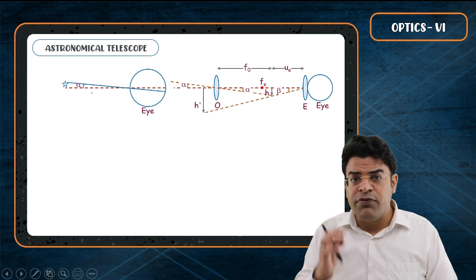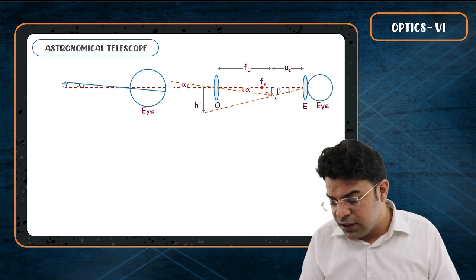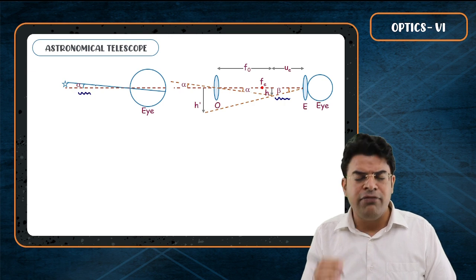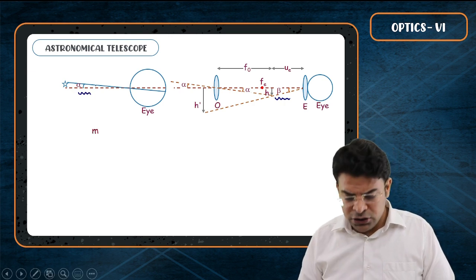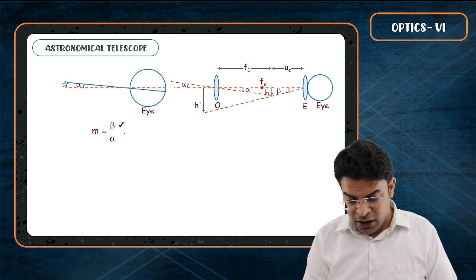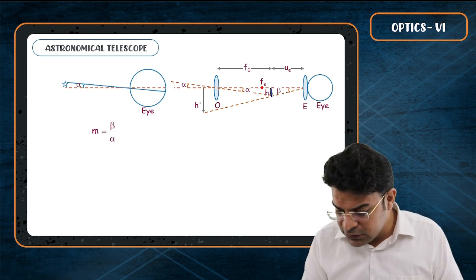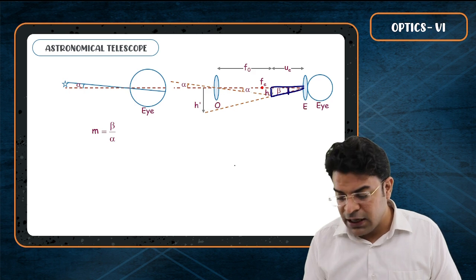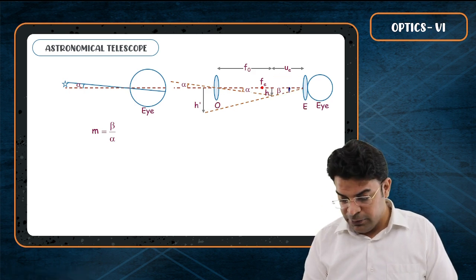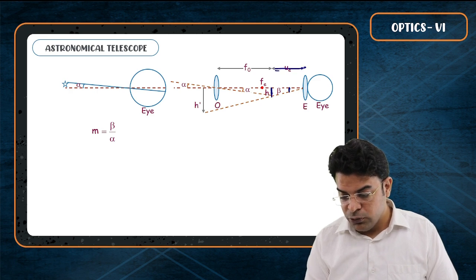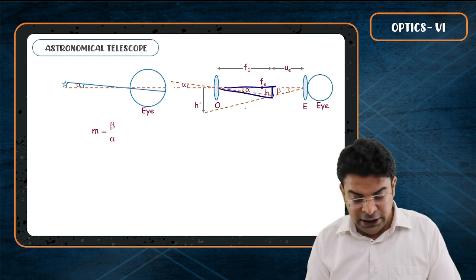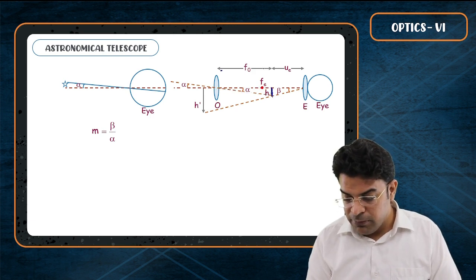We know that magnification is nothing but the angle subtended on the eye with the aid of the instrument upon the angle subtended on the eye without the aid of the instrument. So we will say that the magnification is nothing but beta by alpha. Looking in this triangle, you can say that beta can be written as h by UE. And alpha can be written, looking in this triangle, as h by f naught.